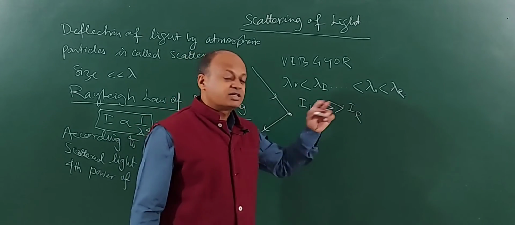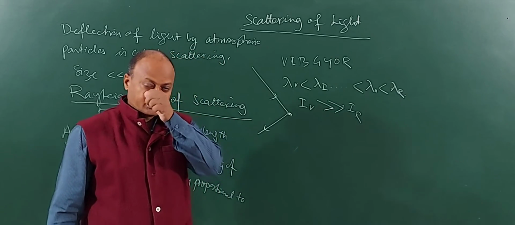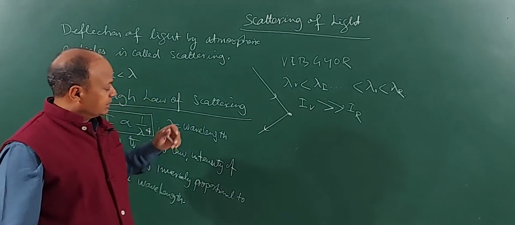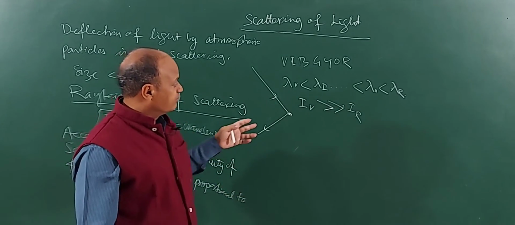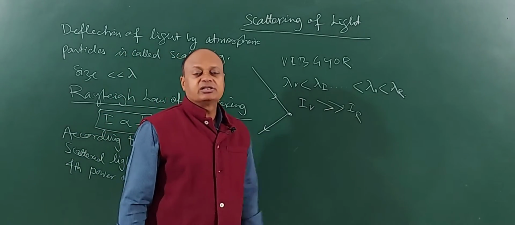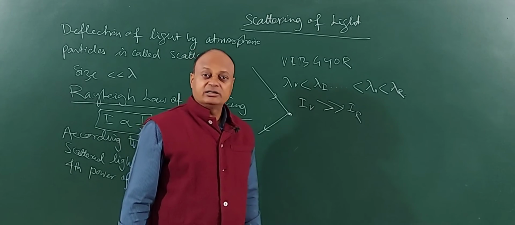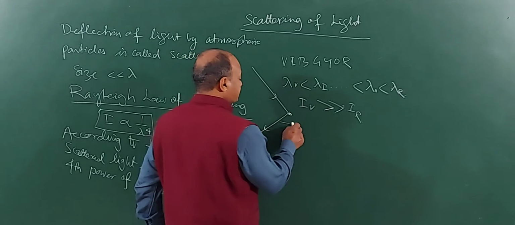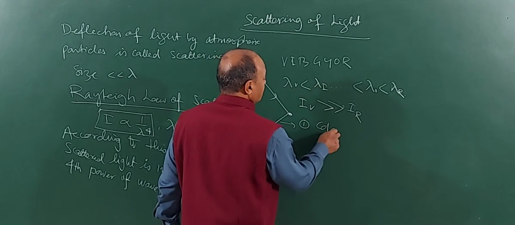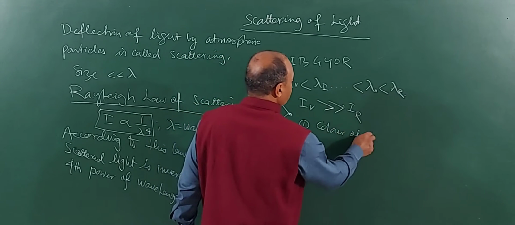Now there are natural consequences of this. So what do you conclude? That if white light is incident on a particle, then violet will be scattered most and red will be scattered what? Least. So there are practical consequences and we get questions on this. For example, the color of the sky is blue.